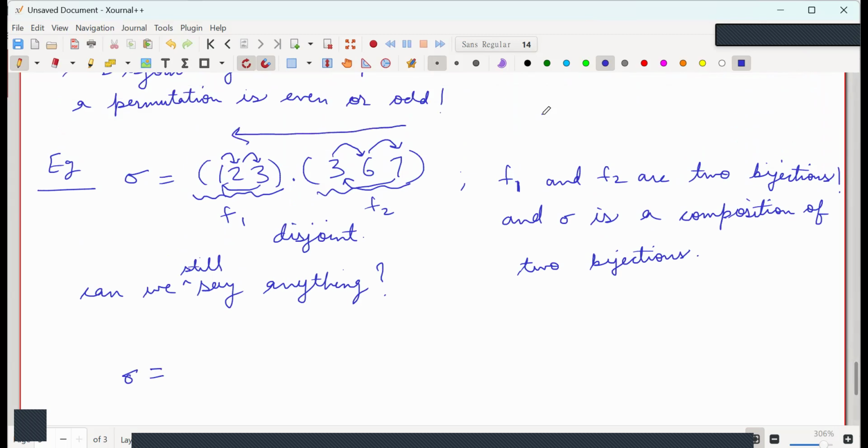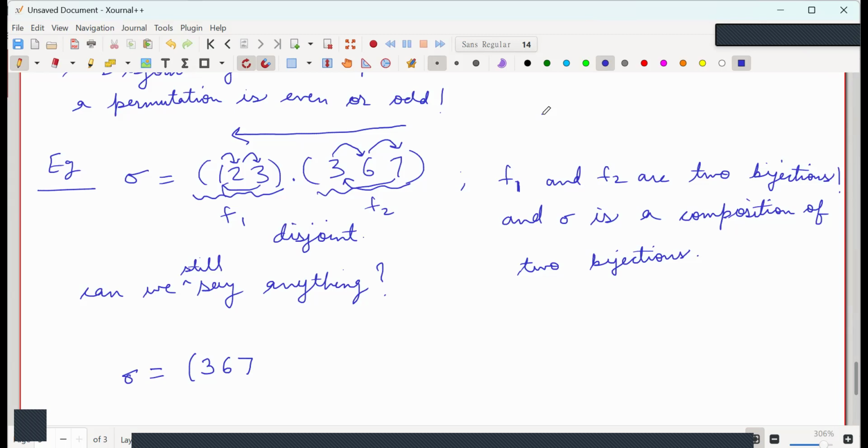Here 3 is mapping to 6 under F2, but under F1, 6 is not mapping anywhere, right? So as a resultant, we will write 3 is mapping to 6. Then 6 is mapping to 7 under F2, but here 7 is not mapped anywhere, so 6 will be mapped to 7. Now 7 is mapping to 3 under F2, but we also have F1 here, and F1 maps 3 to 1.